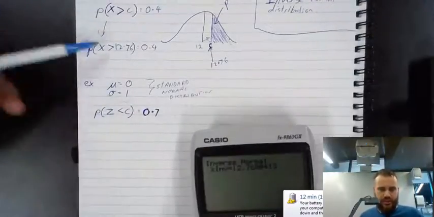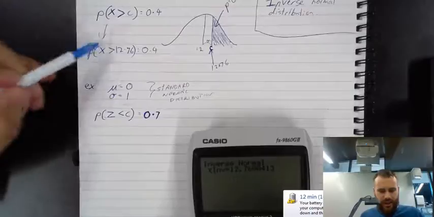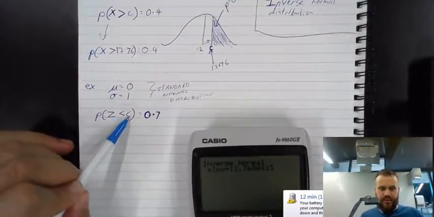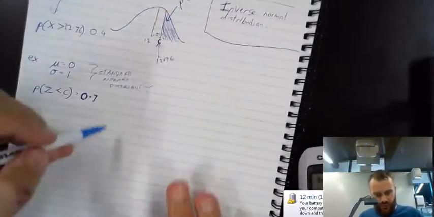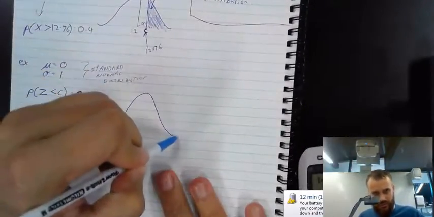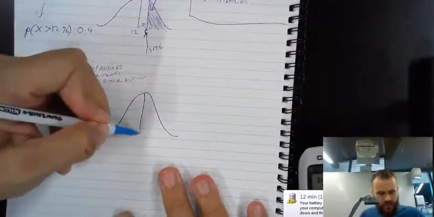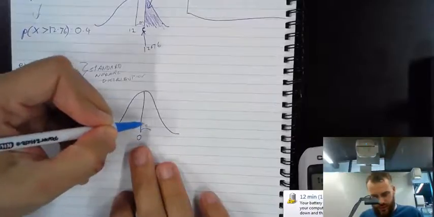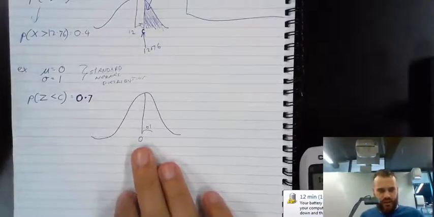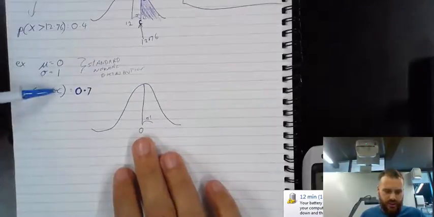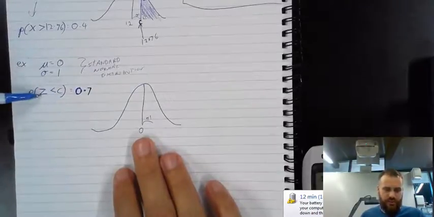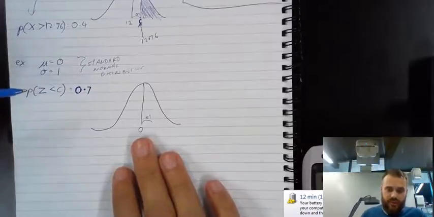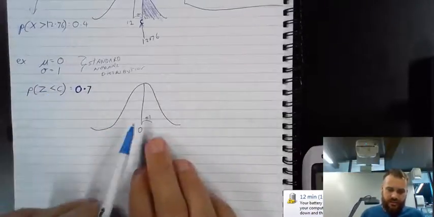Okay, the big difference here, though, besides that little bit, is that we're not doing greater than C, we're doing less than C. All right, so first of all, draw up your normal distribution. There it is there. Mean. Now the mean is equal to 0 and the standard deviation is equal to 1. Now we need to know the letter C so that the area is 0.7, or the probability is 0.7, and it's less than.